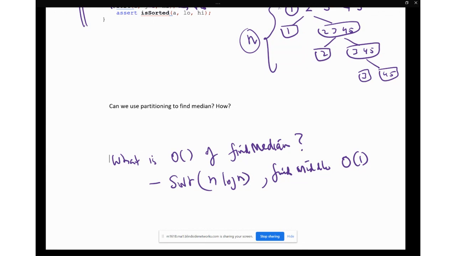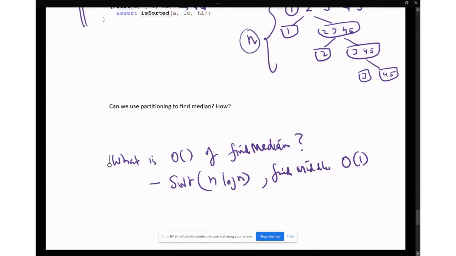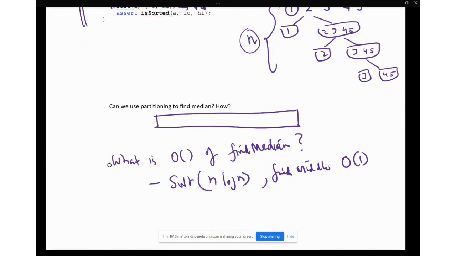Okay, so I think it's a very nice idea. The idea is that we know we can partition in big O of n. So basically what we do is we take the array and partition it, and maybe you get your pivot somewhere here.